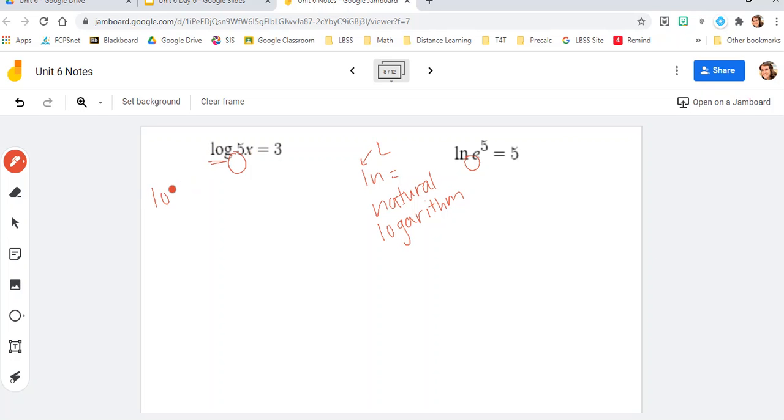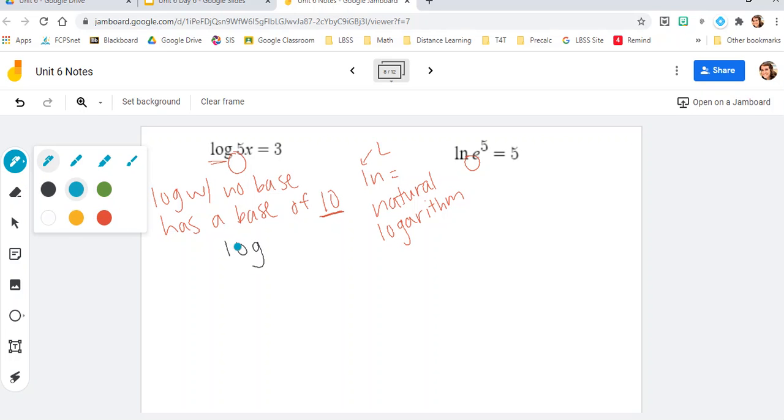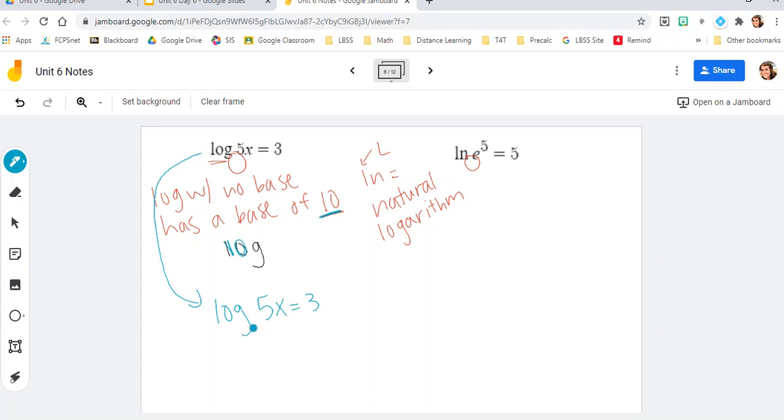So a log with no base has a base of 10. So the way I remember that is if I write the word log while looking at the L and the O, it looks like a 10. So this problem is actually log of 5x equals 3. It's log base 10. So to turn this into exponent form, I start with my base, 10 raised to the third power equals 5x.